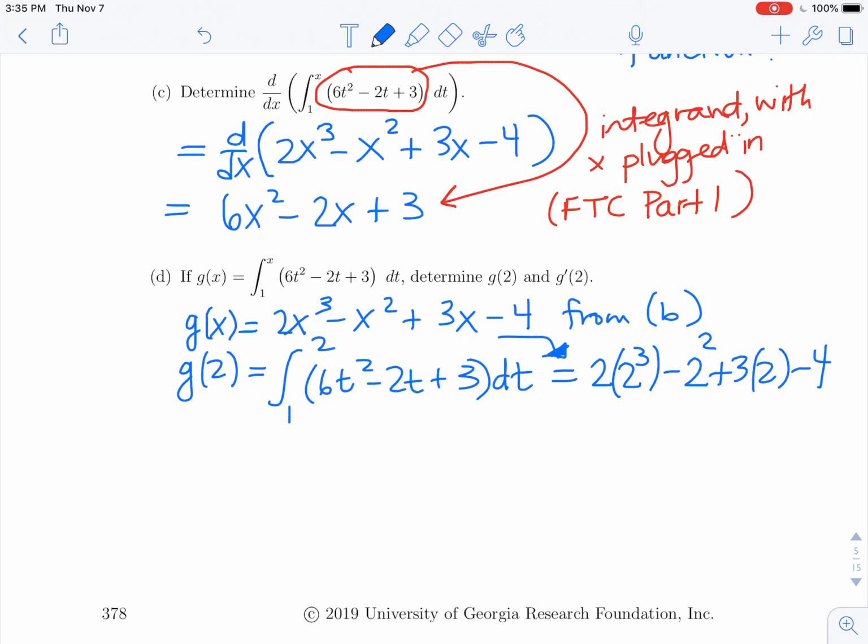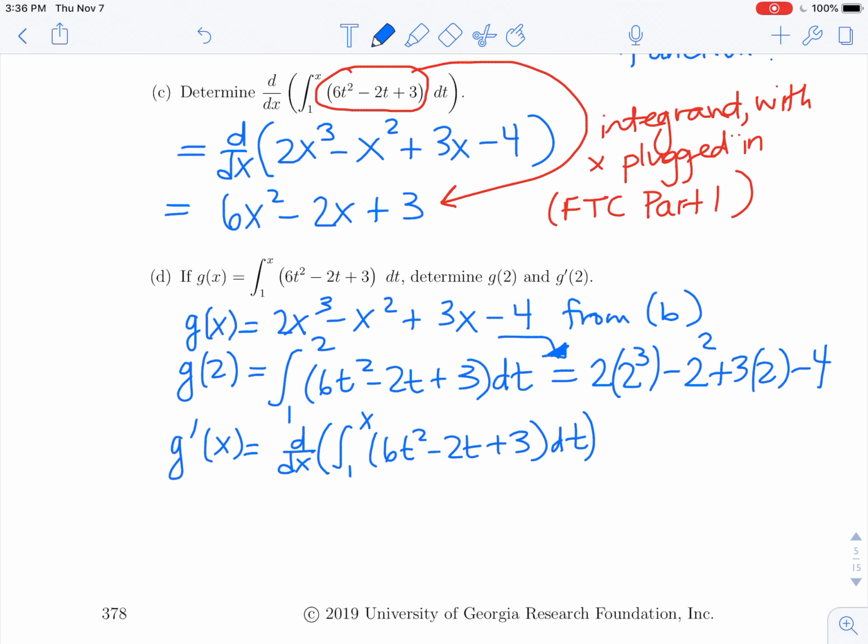So that's g of 2. And then the problem says to determine g prime of 2. Well, g prime of x is the derivative of that weird integral function. So 6t squared minus 2t plus 3 is being integrated from 1 to x.